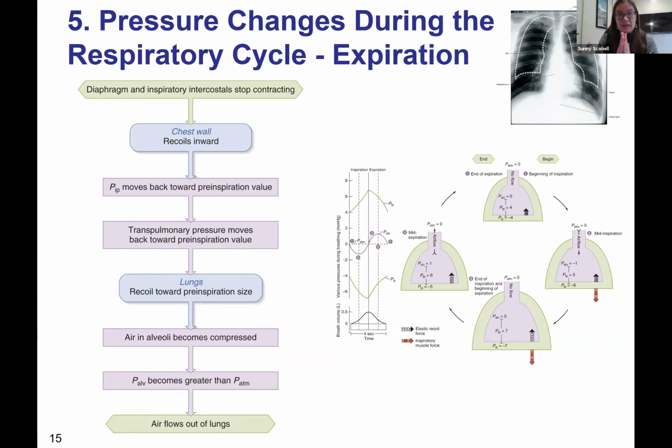Okay, so like I said, I definitely need you to know both the inspiratory cycle and the expiratory cycle, the flow charts, the math, and be able to explain it all. Be able to calculate it if I give you some things, be able to explain it. If I give you some numbers, you could tell me where in the cycle we're at.